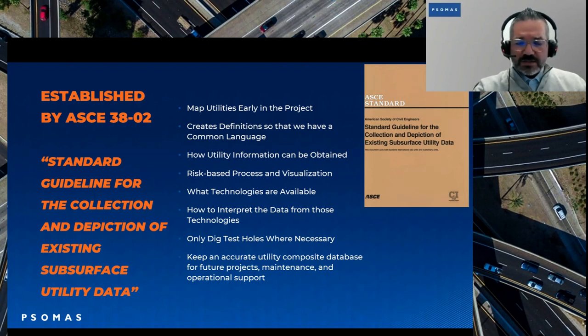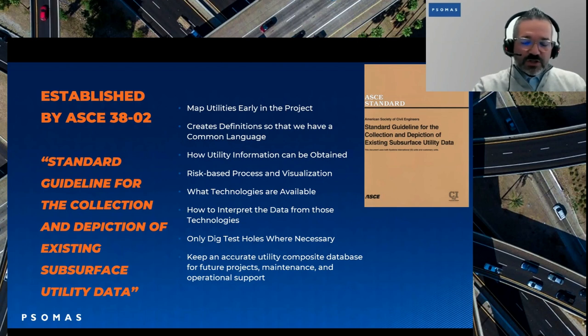Only dig test holes where necessary. It talked about intelligently doing test holes. When I first got into surveying, man, we would turn a street into Swiss cheese because we were potholing everything. Well, when ASCE Standard 38 came in, it said, why are you potholing sewers and storm drains when you can obtain that elevation data by dipping a manhole? Why are you doing test holes outside of your design corridor when you don't need to understand positively where those are?